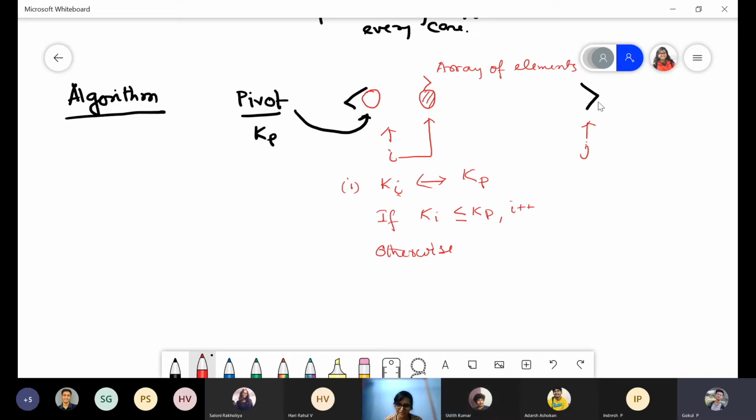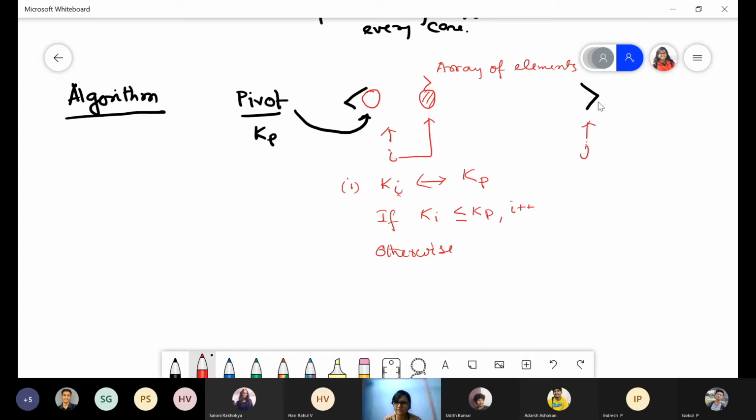Okay, so what we do first is we check whatever is under the I pointer. Then when we find something which is not satisfying my condition, that everything on the left side of Kp is supposed to be less than or equal to Kp, and on the right side greater than or equal to Kp.